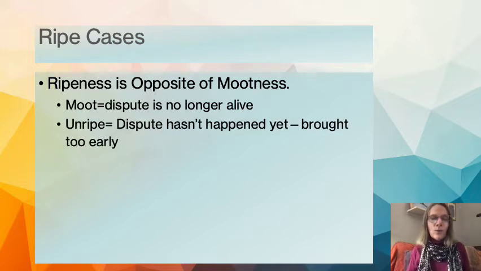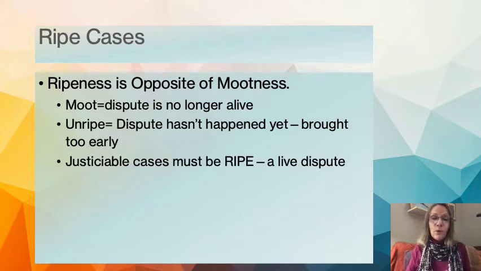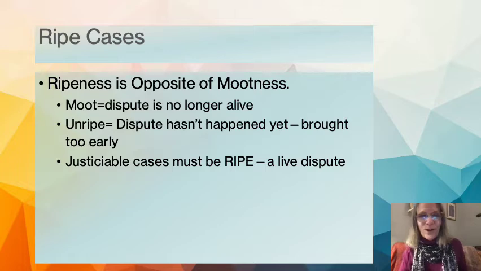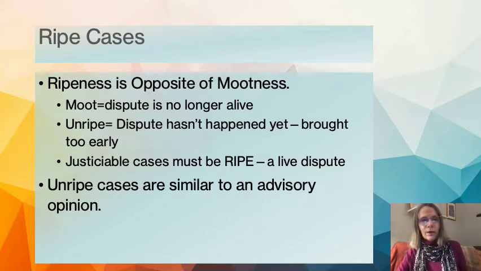Mootness or ripeness has to do with whether or not this dispute has happened yet. And so when we're talking about ripeness, usually the court will say, wait a second, this dispute hasn't happened yet. You brought this to the court too early. For a case to be justiciable, to be heard by the Supreme Court, it's got to be a live dispute, okay?